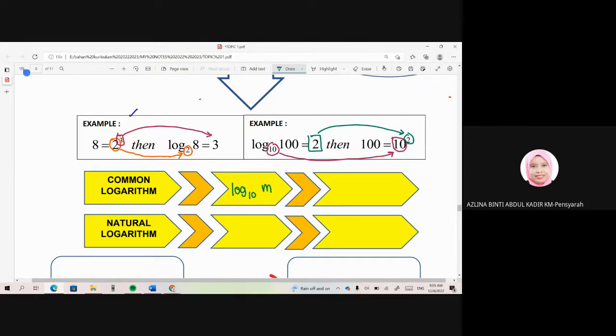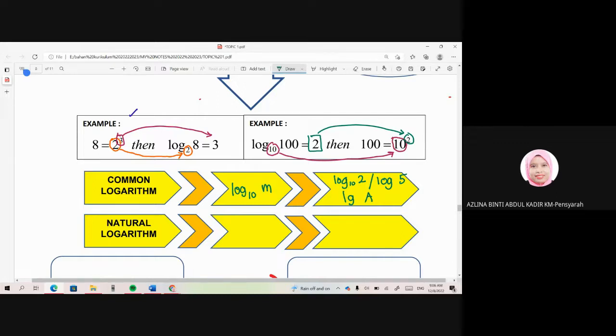For example, log 2 base 10, or without writing any base, that is log 5. So we know that without writing any base, this is log base 10. Or we write it as lg a. Without writing any base, that means this one is common log.